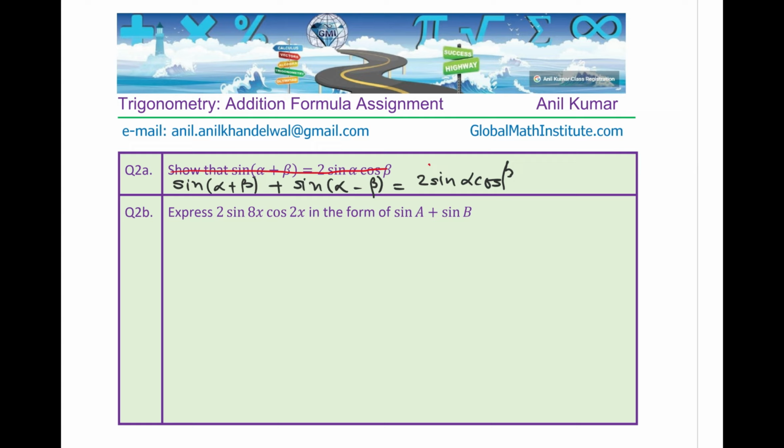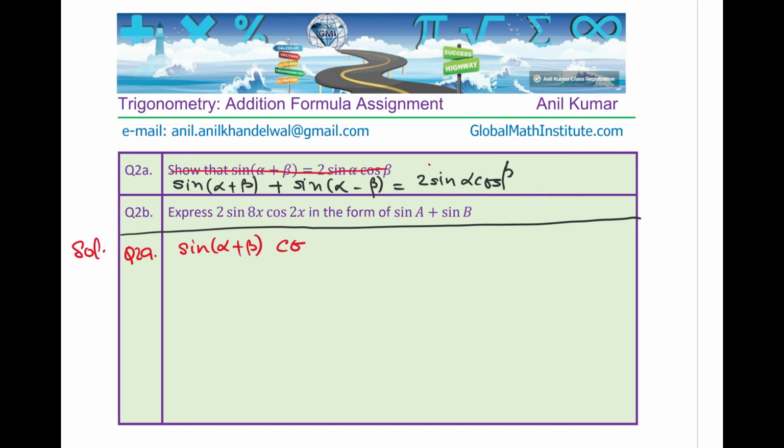So we can write the product as the sum of these angles, as shown here. Let's work on this. Let me provide you with the solution of part A first, and then we'll look into B. So, the solution of question 2A. We have sine(alpha + beta), which is equal to sine alpha cos beta plus cos alpha sine beta, correct?